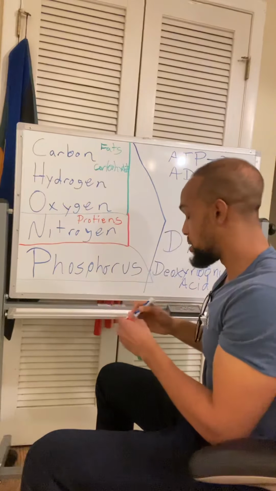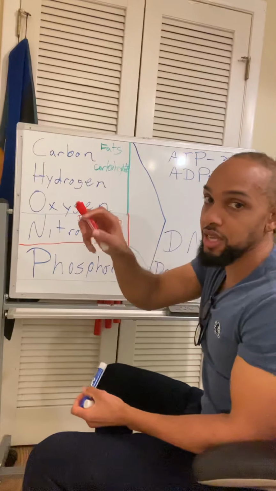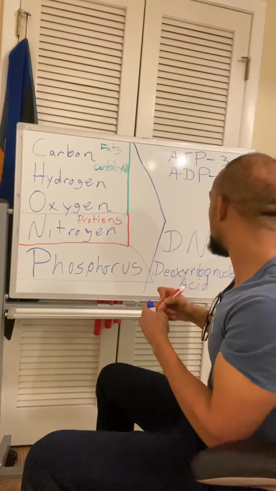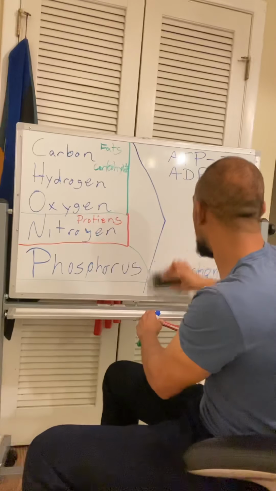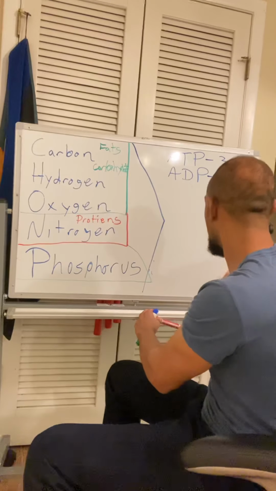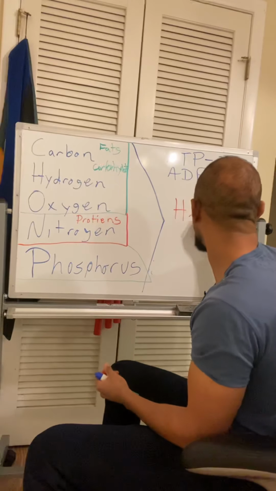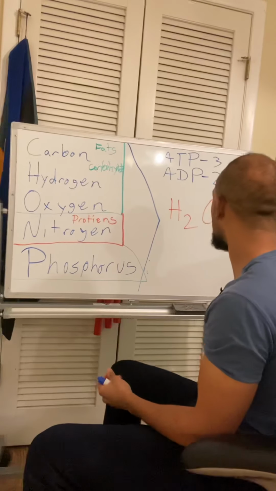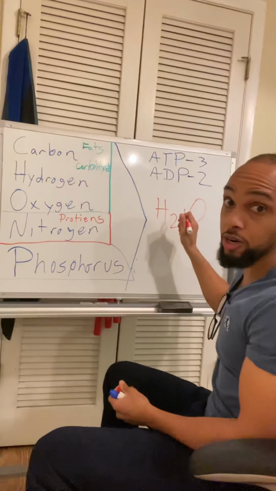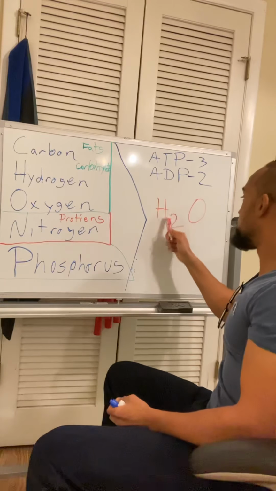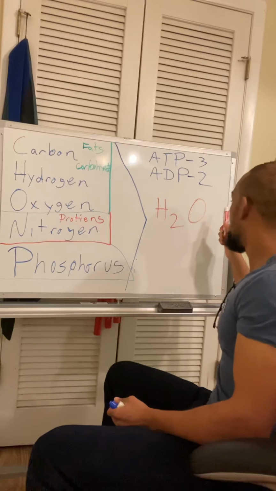And to put the cherry on top that's gonna lead into the next video, I'm just gonna erase this to make some room. You have this compound called H2O. That's water. 2 hydrogens, 1 oxygen.